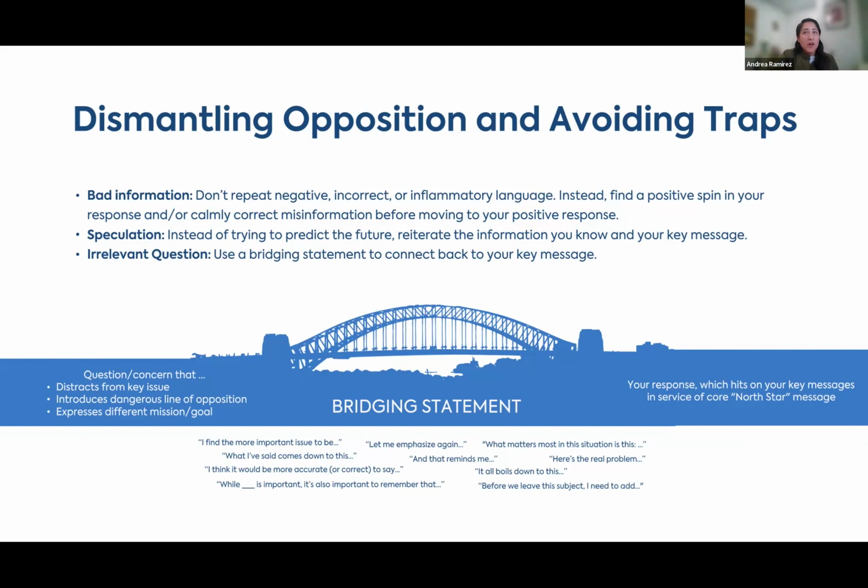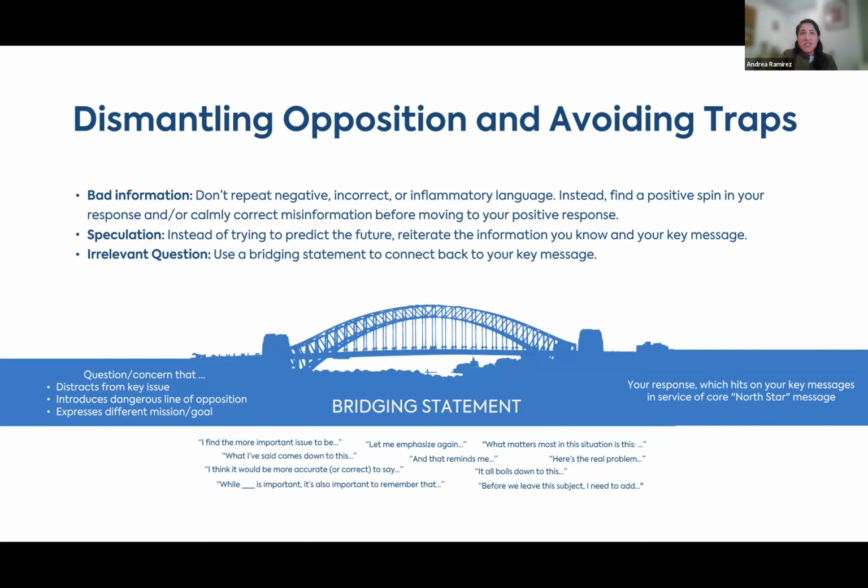One tactic for responding is using bridging statements, as we like to call pivoting. These statements create a bridge between the opposition's argument and your own. They bring the conversation always back to re-emphasizing your own core messages and key points.